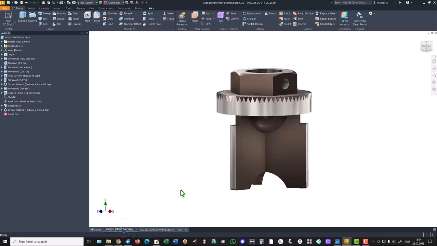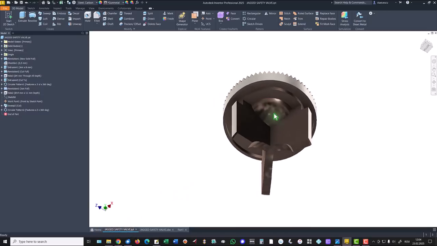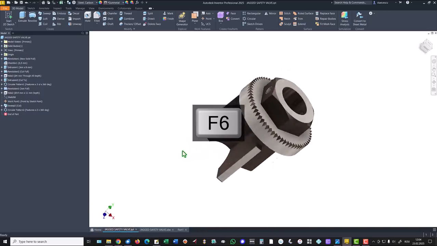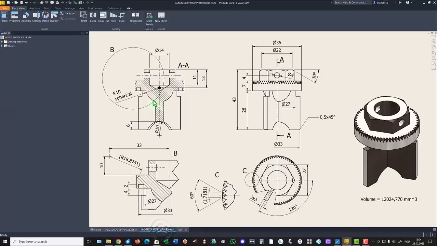The next feature is this spherical feature with dimensions here. Radius 10 spherical at a distance of 13.